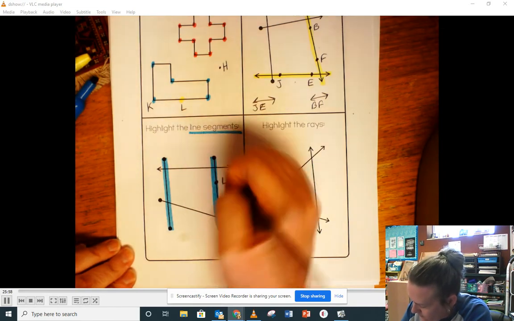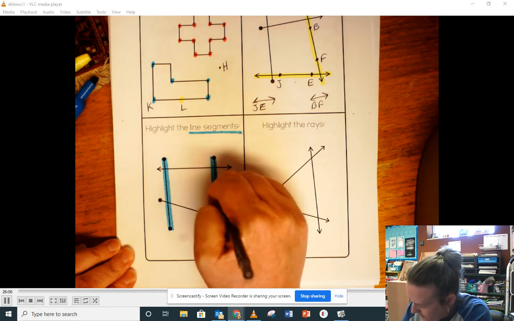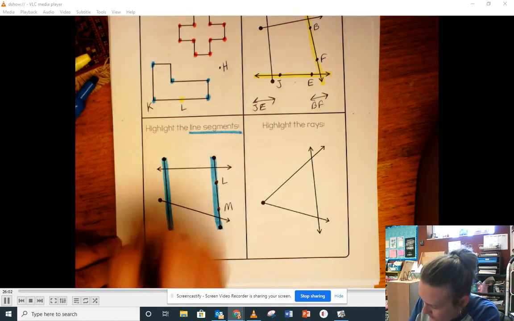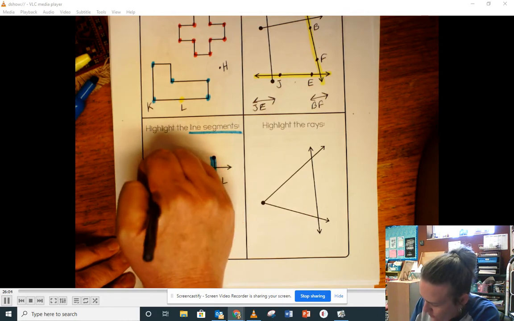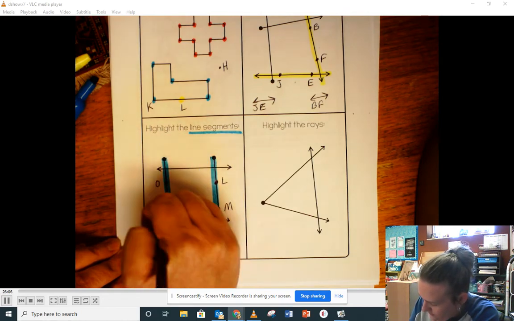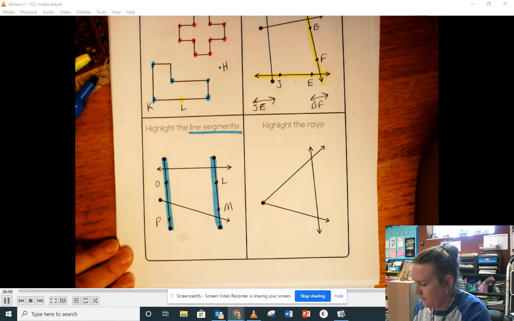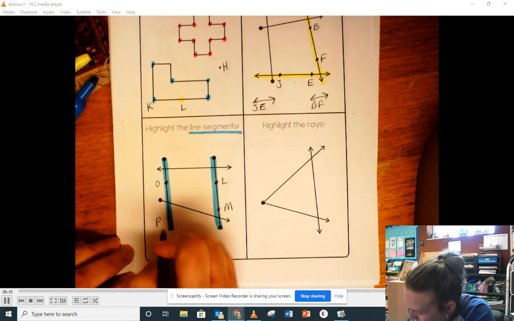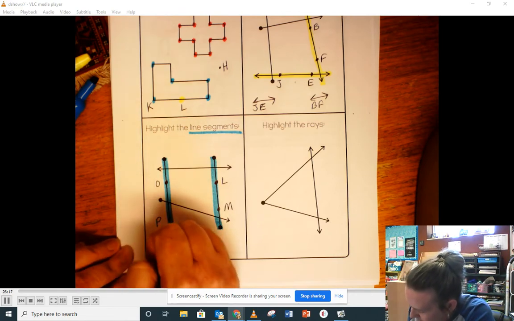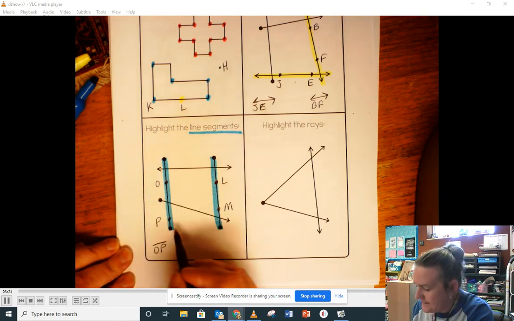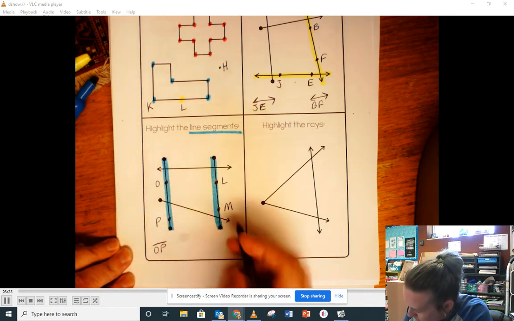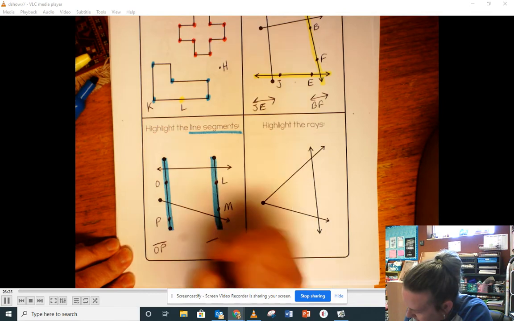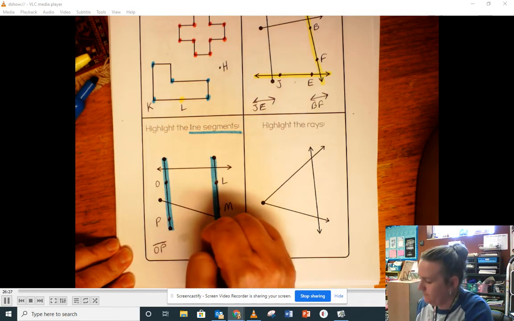L, M, and this one can be O, P, and I could name these points too if I wanted to. So then if I wanted to talk about this picture, I could say, I'm looking at line segment OP, or I'm looking at line segment LM.